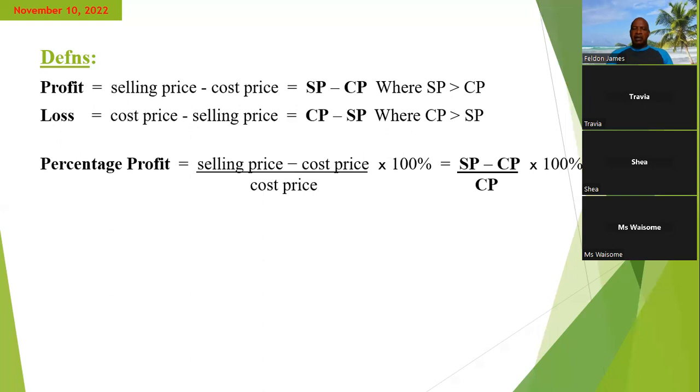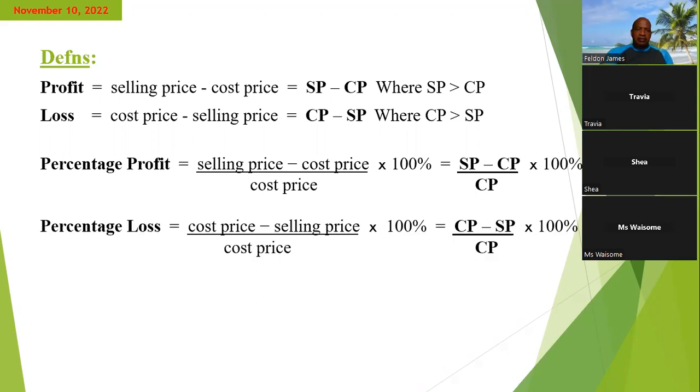In the business world, we tend to measure these increases in terms of percentages. That's one of the reasons why we study percentage, because it is an easy and convenient way of writing a fraction. And so in the business world, they use percentages a lot, all right? So that's our profit percent.